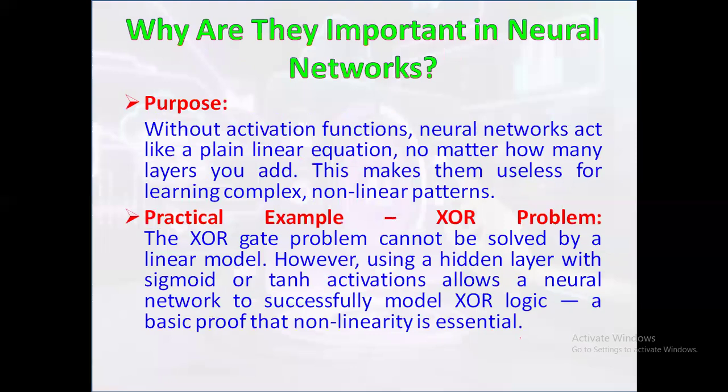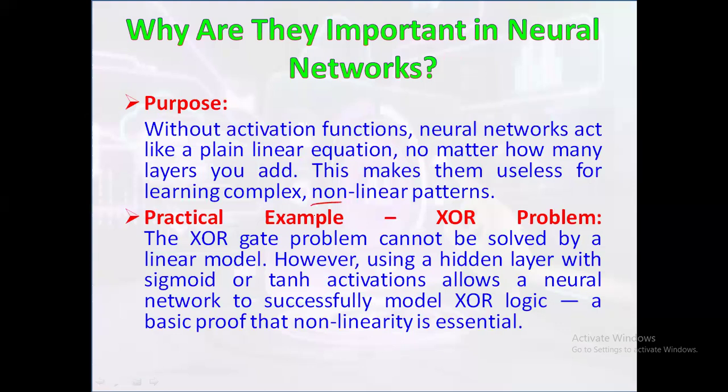Next, why are activation functions important in neural networks? Activation functions are essential because they allow neural networks to learn and represent complex relationships. They enable networks to draw nonlinear decision boundaries, which are needed to distinguish between different classes when the data is not linearly separable.